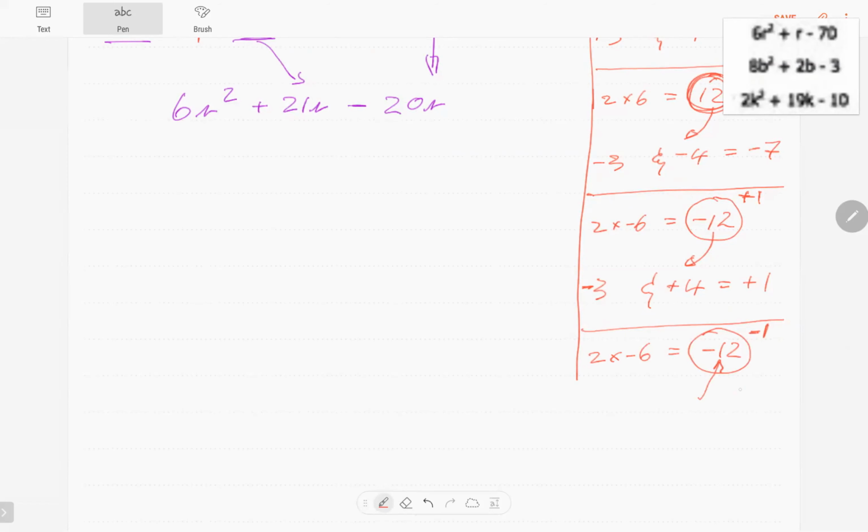Give the larger one the sign of this, which is negative. So this time the larger factor is going to be negative. You're going to find the factors are 3 and 4, and the large one has negative and the small one positive, and then these two would add to negative 1.